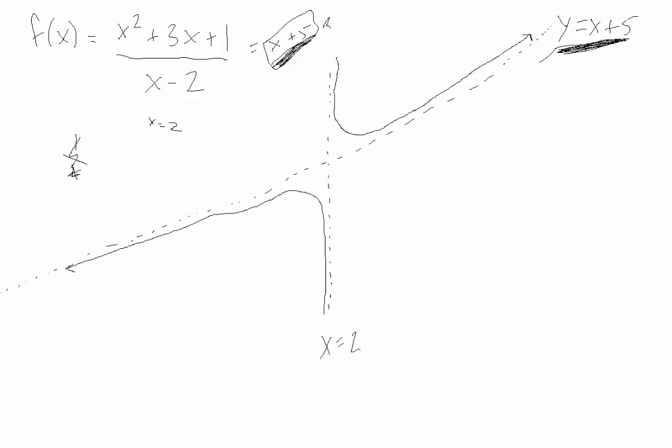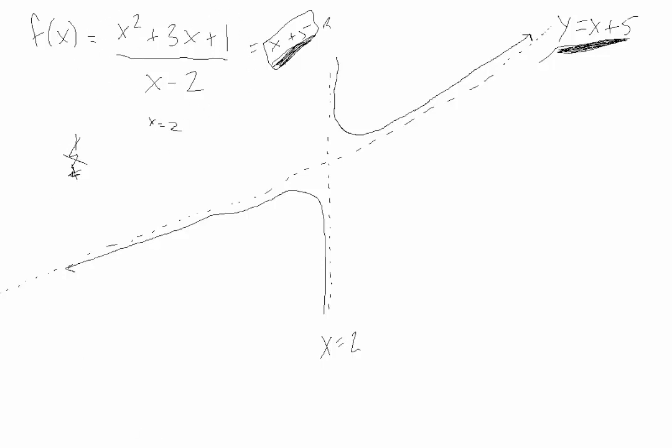There's no bound to the function values, so the range is going to be negative infinity to positive infinity. But as we go toward negative infinity, and toward positive infinity, while the numbers get bigger and bigger, they're tending toward this line right here, which is y equals x plus 5, or the ratio of the top to the bottom.